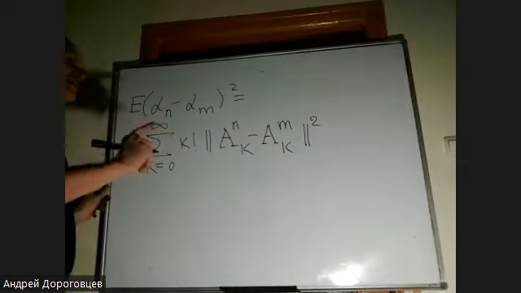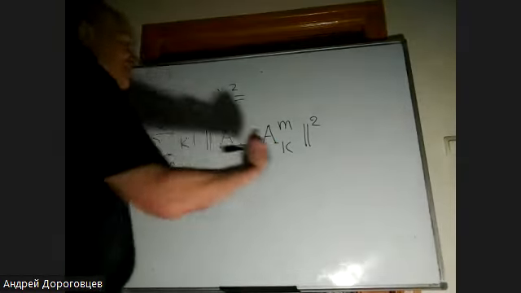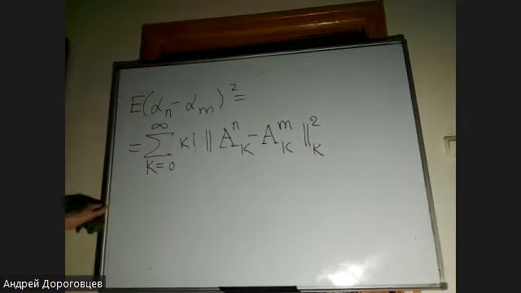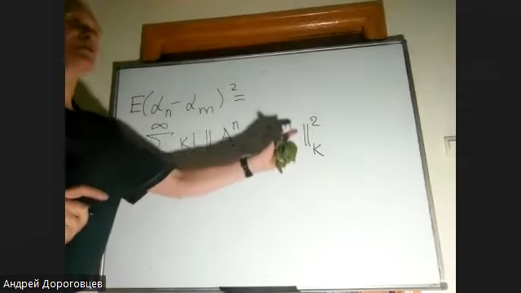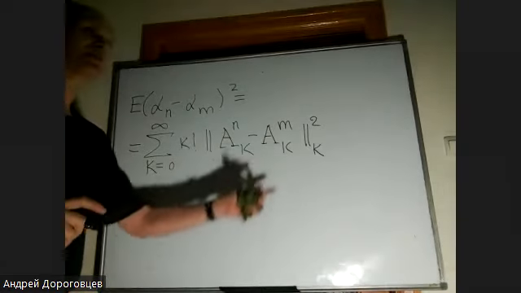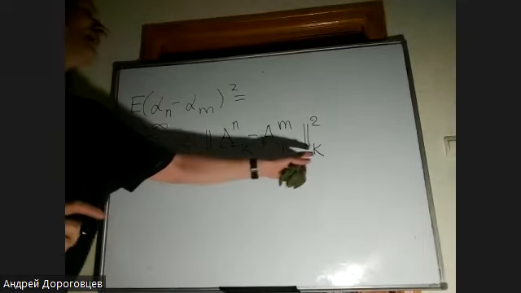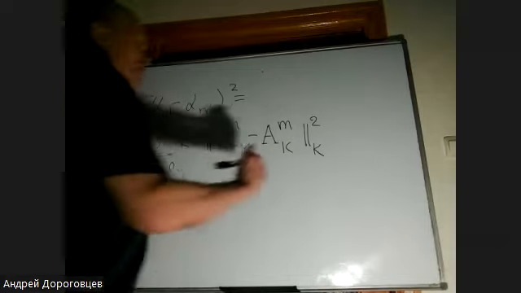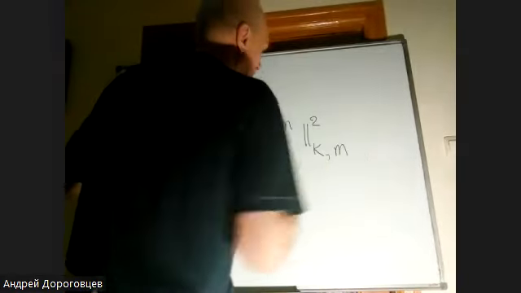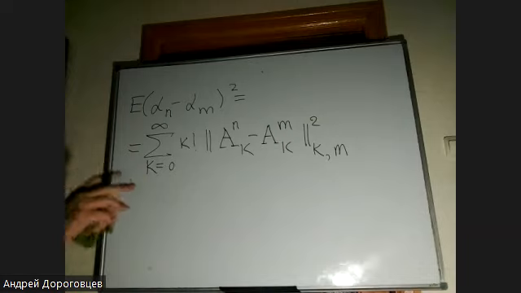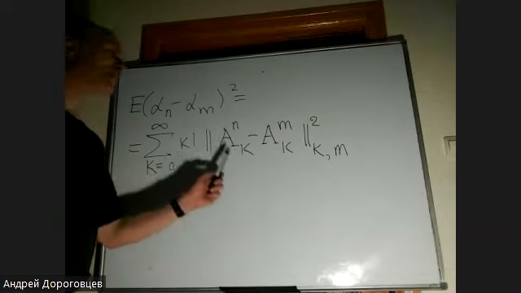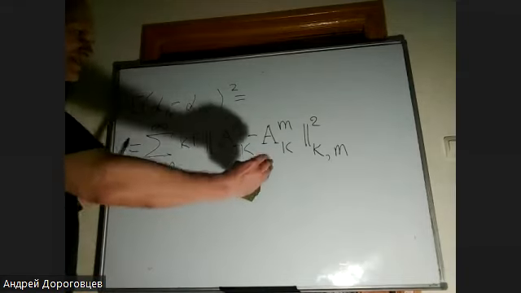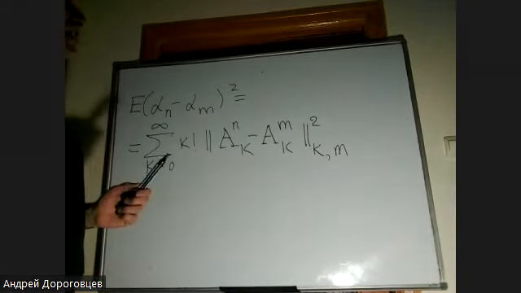And I must put here index k. We already use it, which says that we use here the Hilbert-Schmidt norm in the space of k-linear forms, but also I will use here the symbol n, which emphasizes that we have two symmetric k-linear forms on the space H_m.